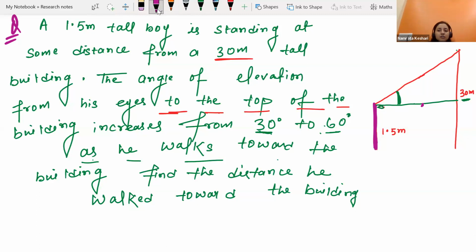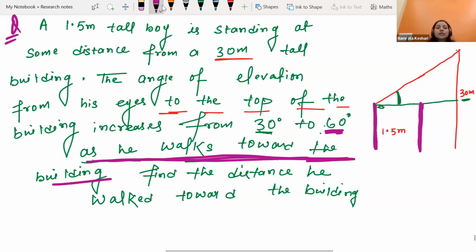When the boy walks toward the building, at any point of time, this is the boy. Previously the angle of elevation was 30, and now it is increasing, it just increased from 30 to 60.